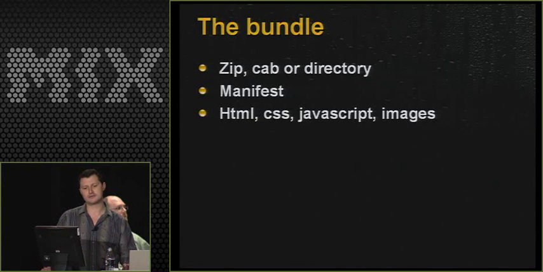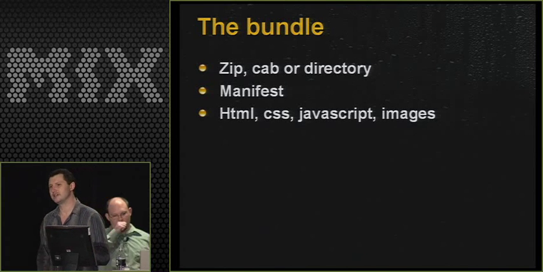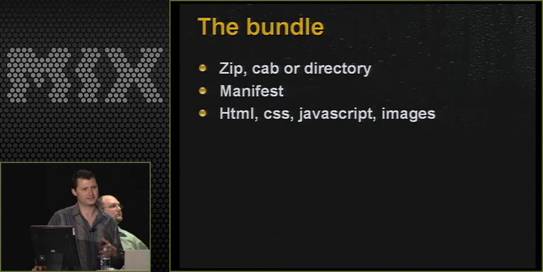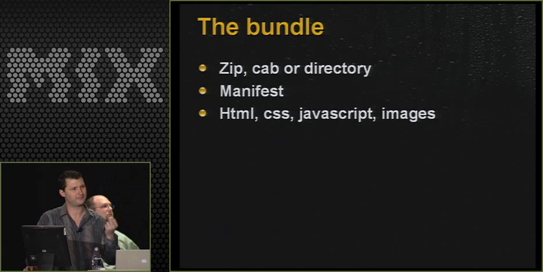It's going to reference the JS files that contain the functionality and behaviors for your gadget, as well as links to images or maybe resources that you're going to use to localize the gadget. In a word, it's everything. It's everything related to the gadget, bundled up into a zip file and deployed with a .gadget extension. It's that simple.